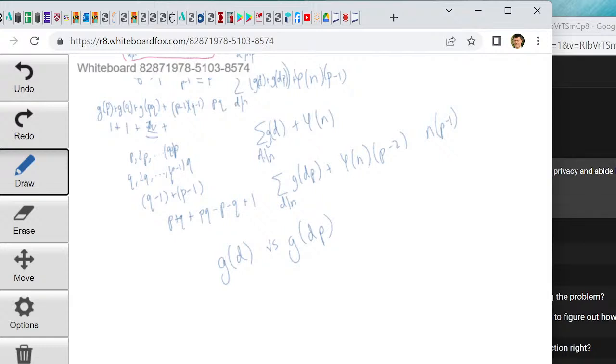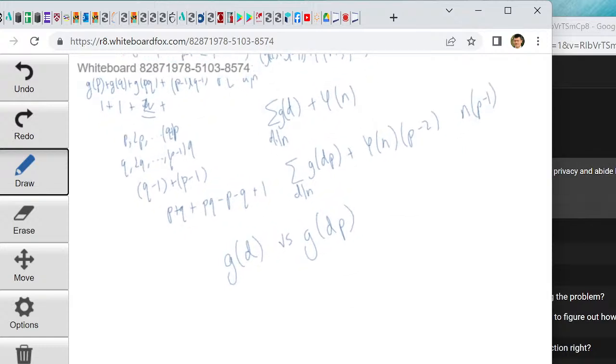So like for example p minus 1. This is not such a simple way to go about it. So if you have g of q, it's equal to 1. G of qp, it's equal to p plus q minus 2.